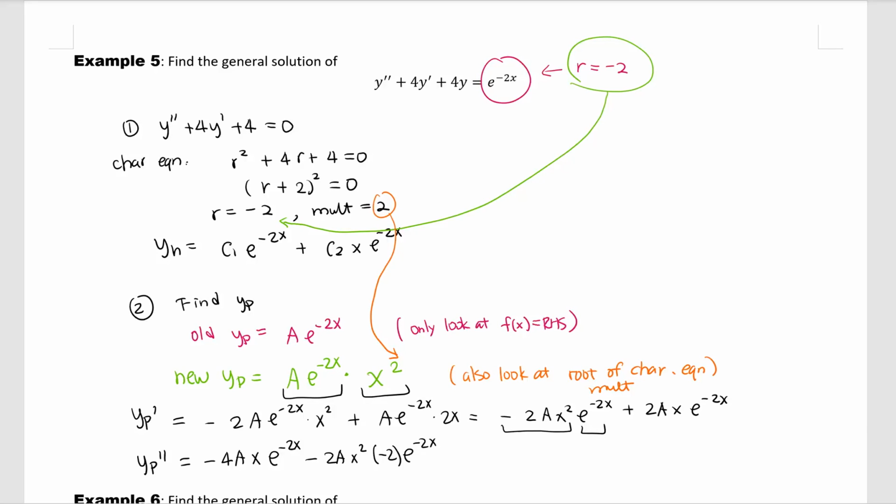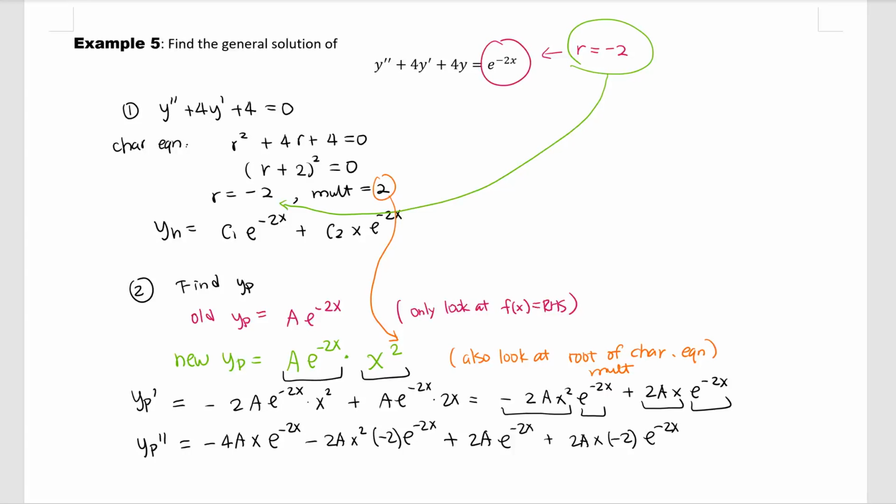So far, so good. And then plus, here we have another product rule. The derivative of the first guy is 2a, and then times the second guy, plus 2a times the derivative of the second guy, which is negative 2 e to the negative 2x.